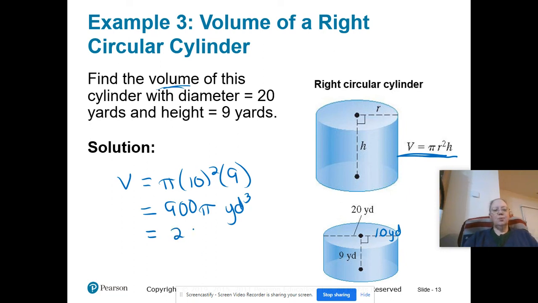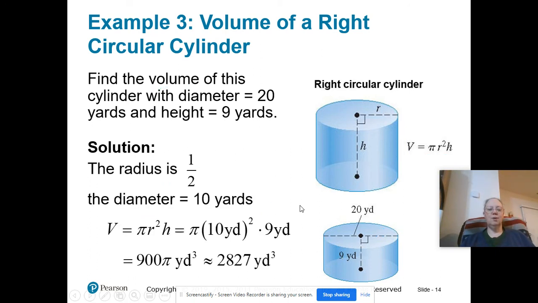And I get 2827.4 approximately. What did they round? They rounded to the nearest yard cubed.